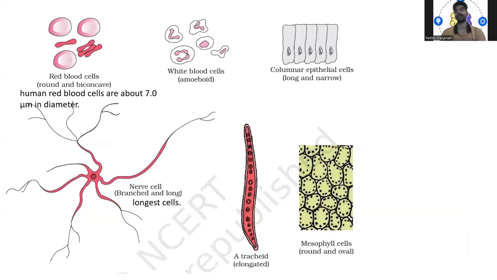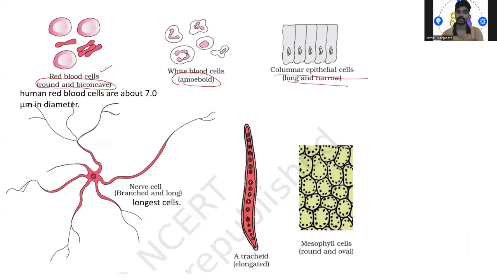Cell structure is also different. For example, we have red blood cells, which are round and concave in structure, white blood cells, which are amoeboid in structure, and columnar epithelium, long and narrow in structure.